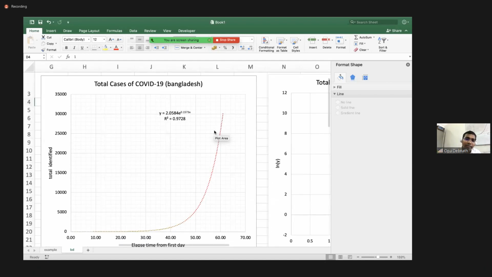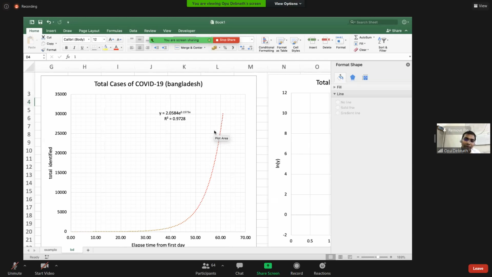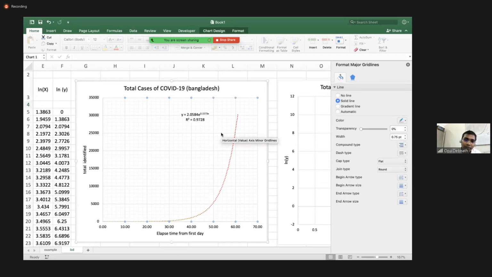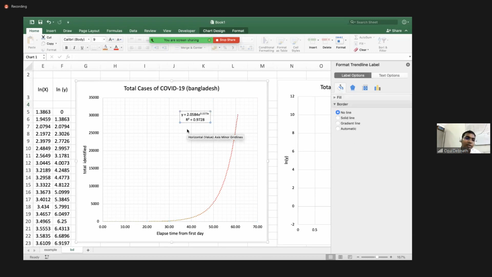Every day I try to predict. So by the end of this week, the affected people may be 12,000 or 60,000. In many cases, I think it may not show accurate results. That means there may be some problems in my regression equations.